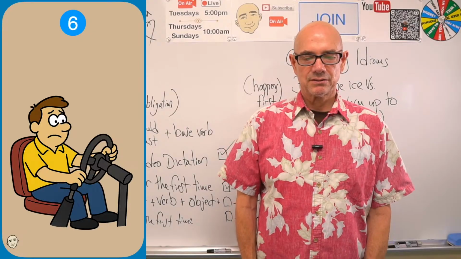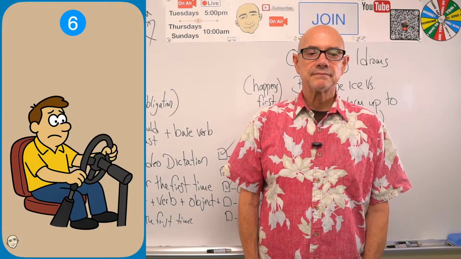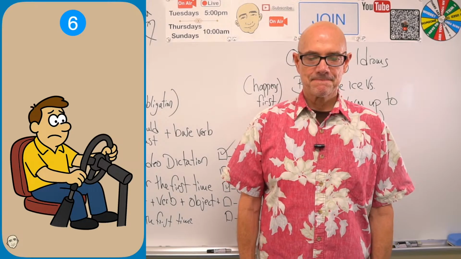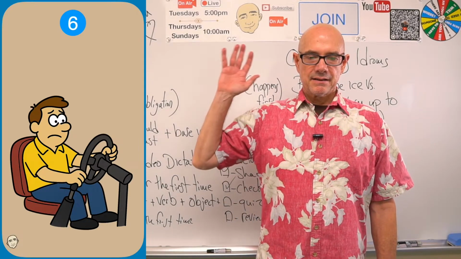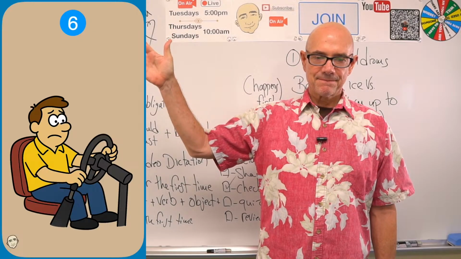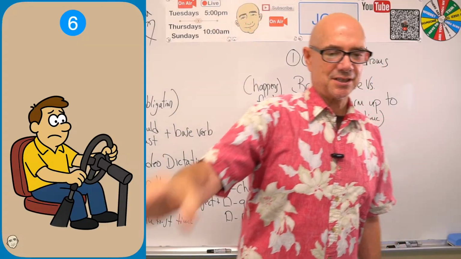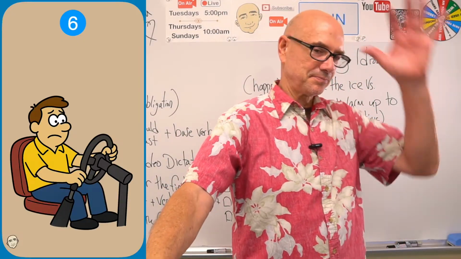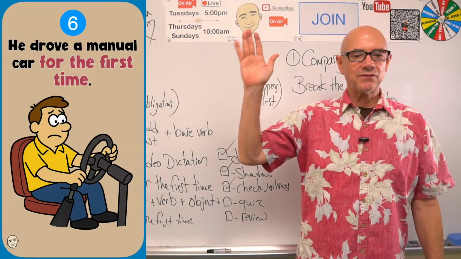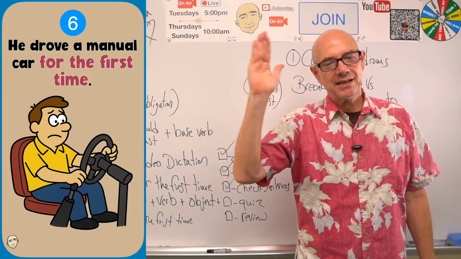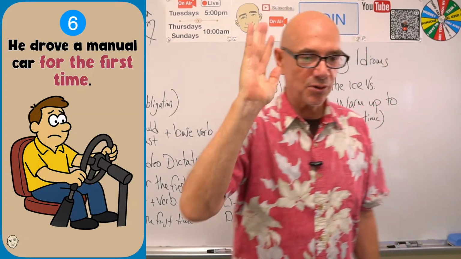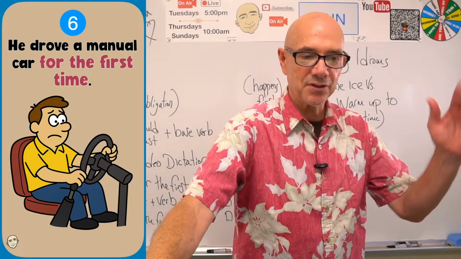Katie, Carlos. Castorine. Okay, Iman, Mary. All right, let's have a look. How did you do? Very good. The sentence is, he drove a manual car for the first time. Okay, we have one more. Here's number 4, last one. And then we will review all the sentences.